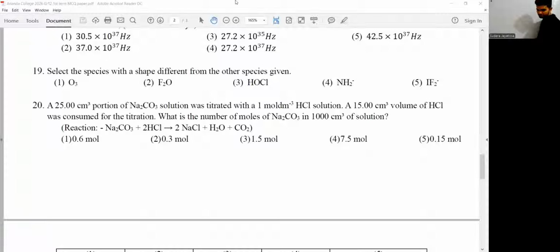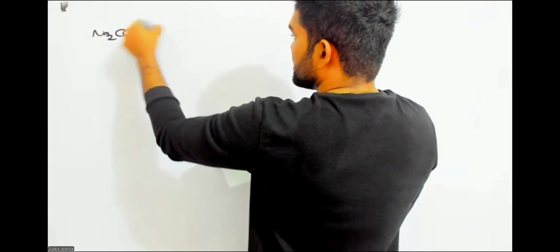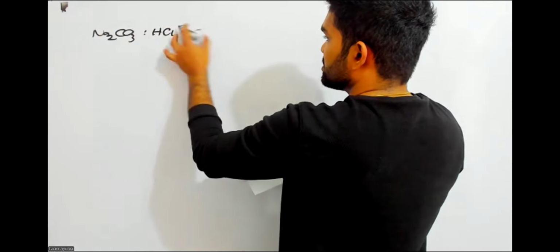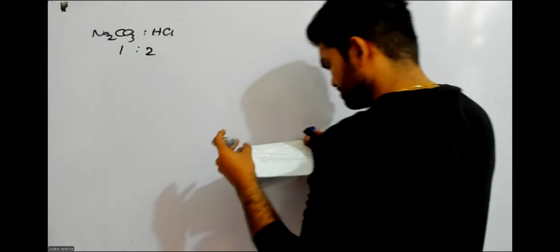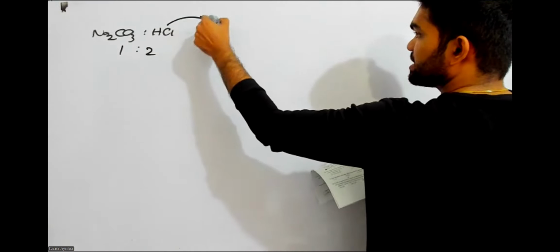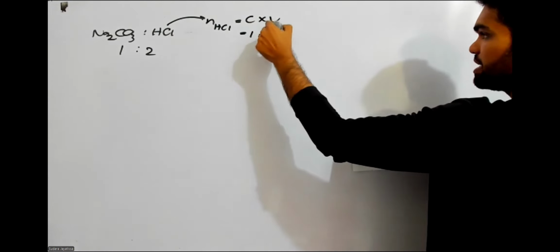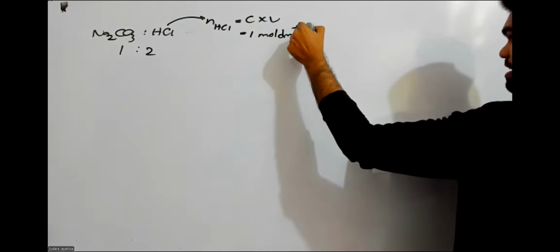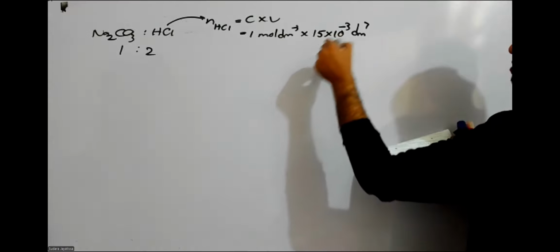First of all, you can see the ratio, just like for the earlier question. Sodium carbonate to HCl ratio is 1:2. So we know the moles of HCl. Multiply the concentration into volume: 1 mole per decimeter cube and 15 centimeter cube. You convert it into decimeter cube like this.